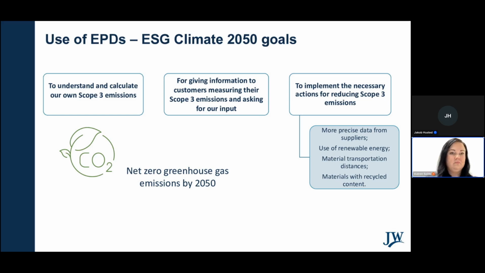Then, if we jump to the climate goals, firstly looking into JELD-WEN ourselves, we have a corporate global goal of net zero greenhouse gas emissions by 2050. However, this has only been set for scope 1 and scope 2 emissions.